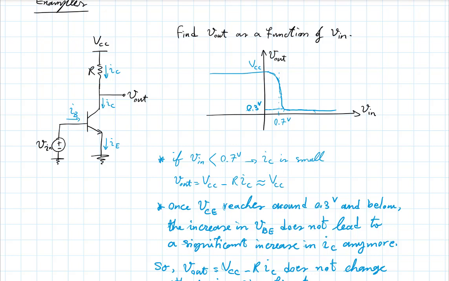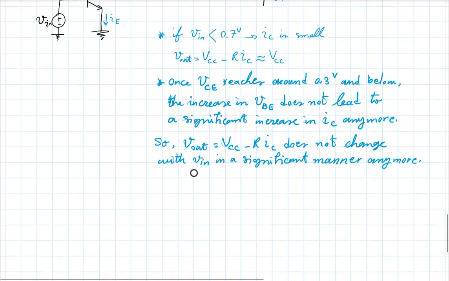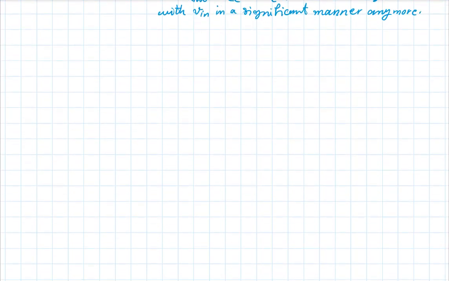Now, I'd like to slightly augment this example and do this. Consider this circuit now. This is VCC. Call this collector resistance and emitter resistance.